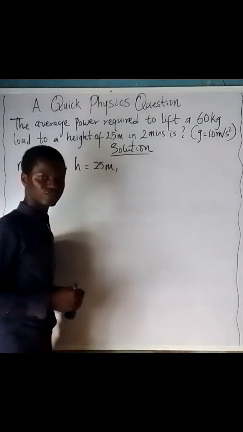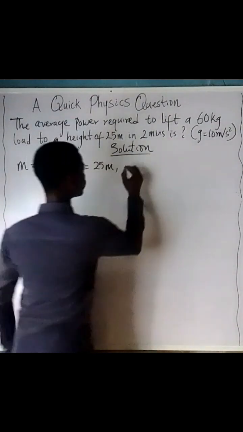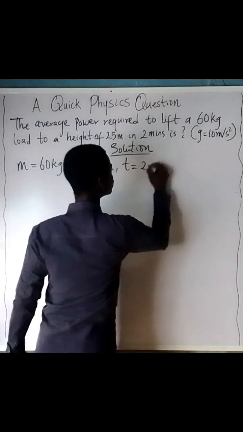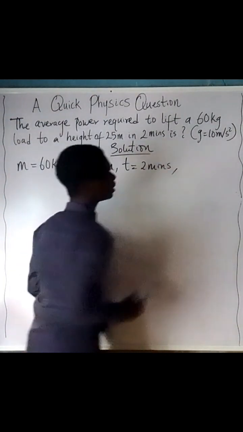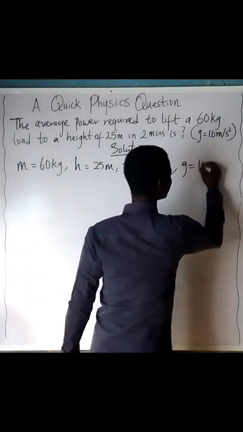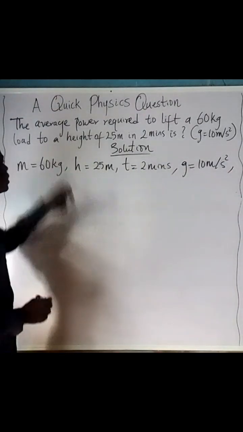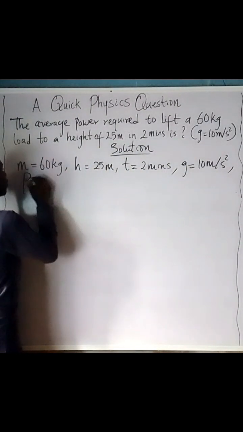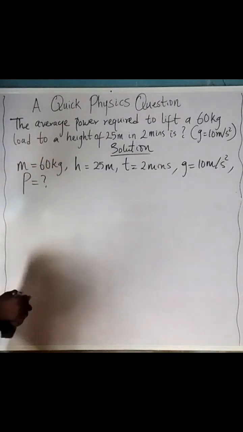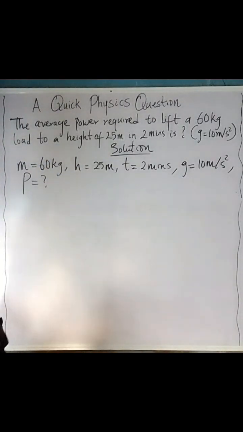In 2 minutes, 2 minutes is for time. They also said take gravity G to be 10 meters per second squared. And the question says the average power is, so big P for power is unknown. So these are basically all we're given, and this is what we are asked to look for.